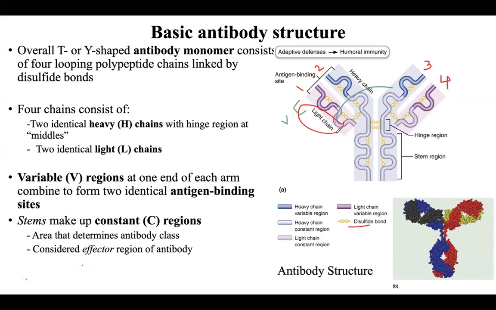But the inner section, this whole section, is the C region, the constant region. The constant region, of course, does not directly encounter the antigen, but it determines the class of the antibody by the structure. Okay, so this is the effector region, which determines what kind of antibody it is, but the variable region is the one that encounters the antigen. That is common for all antibodies, the basic structure.